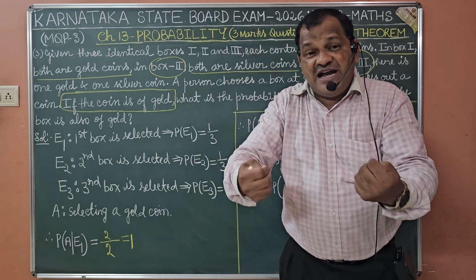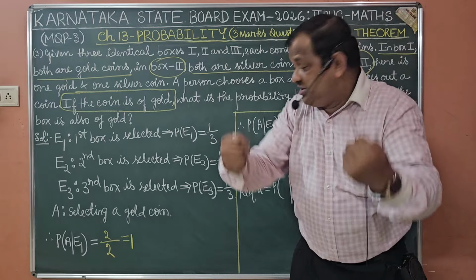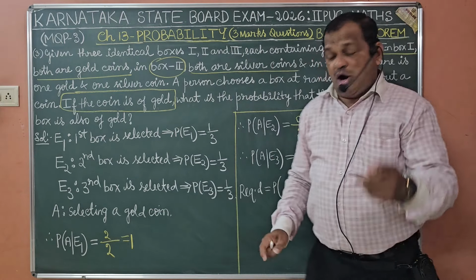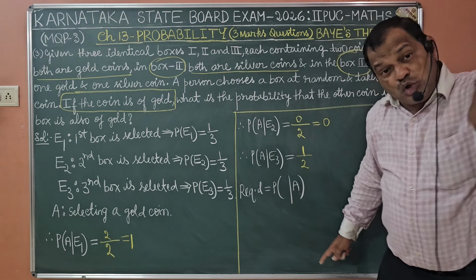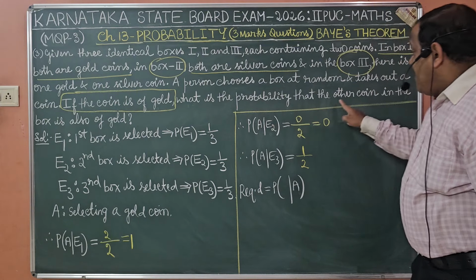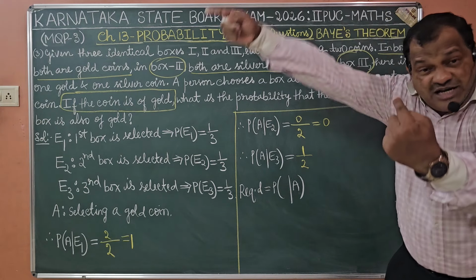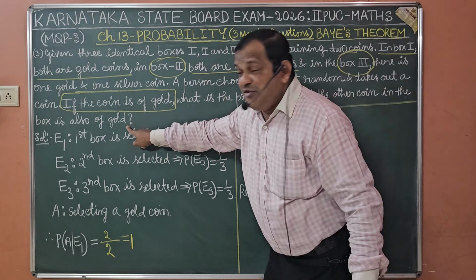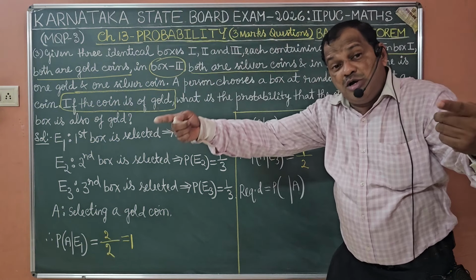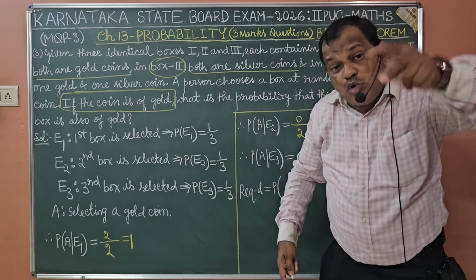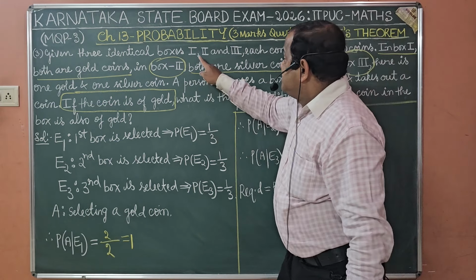Event A. So that event has already occurred. Now, what is the probability that the other coin in the box is also of gold? That means, which box contains both gold coins? It is nothing but box 1. That is event E1. So I need the probability of E1 given A.